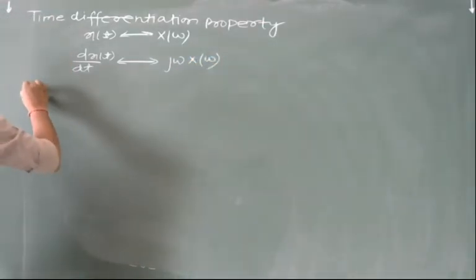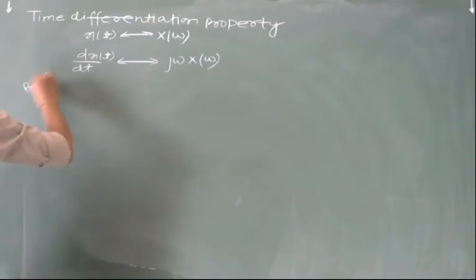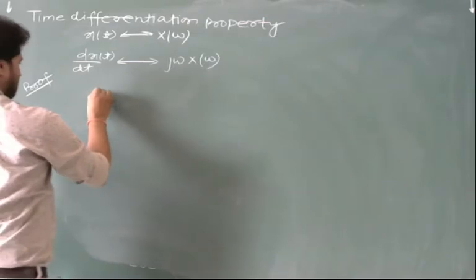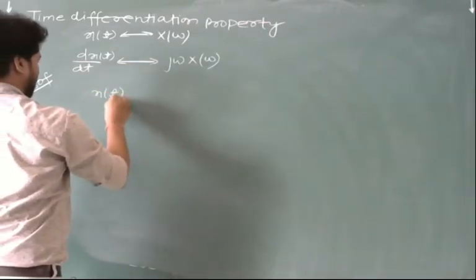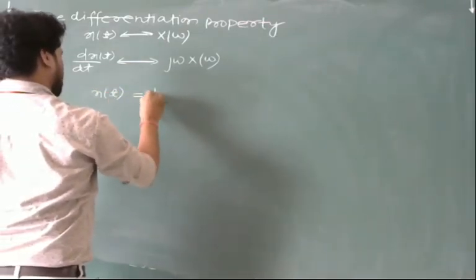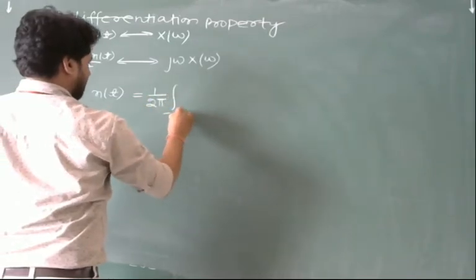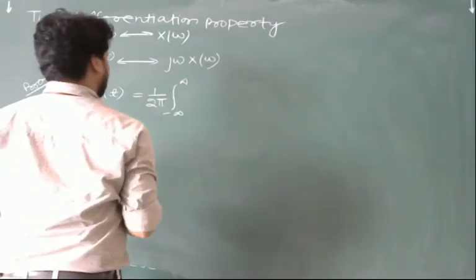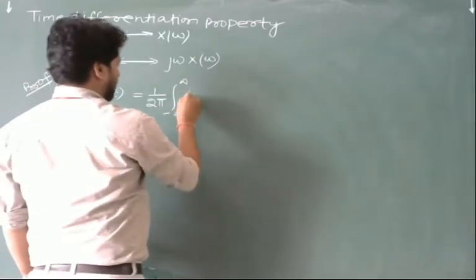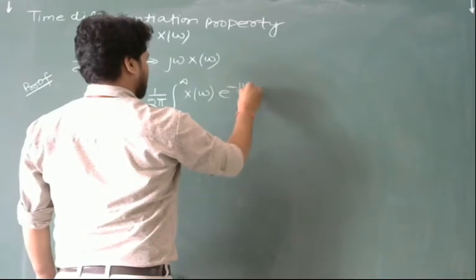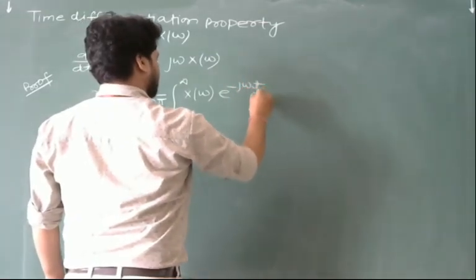We can find the proof as we know the signal x(t), meaning the inverse Fourier transform, can be expressed as 1 upon 2 pi, integration from minus infinity to plus infinity, X(omega) e power j omega t d omega.